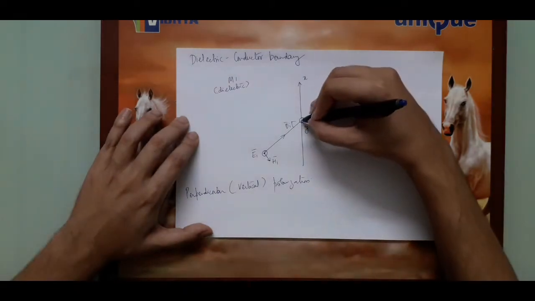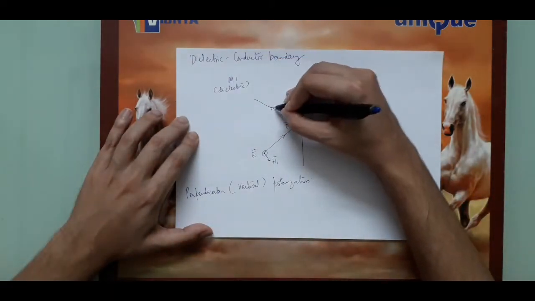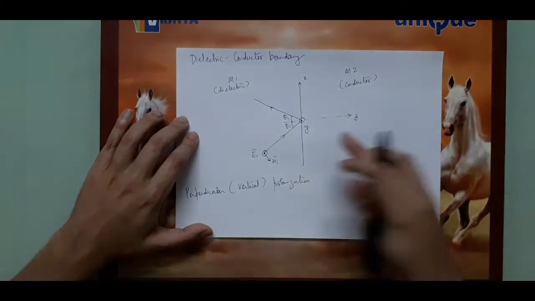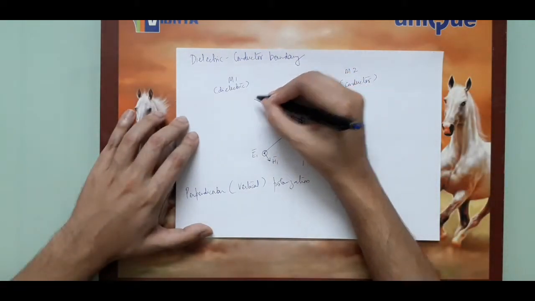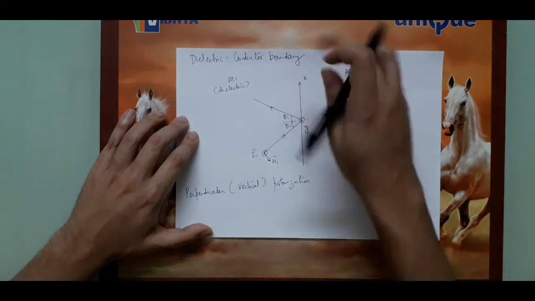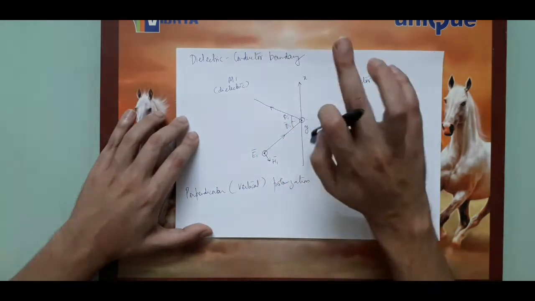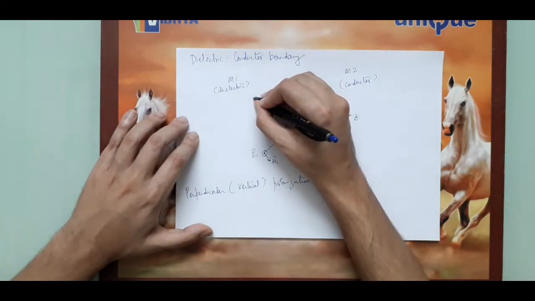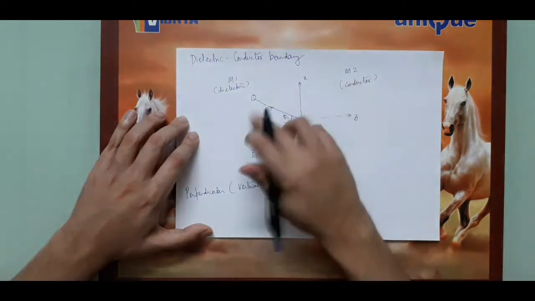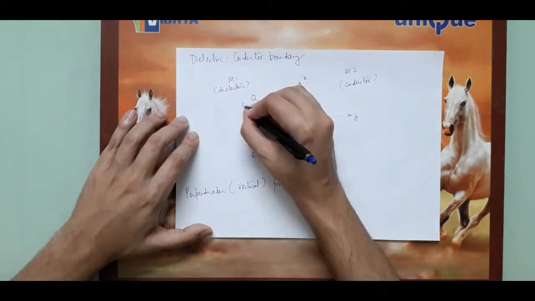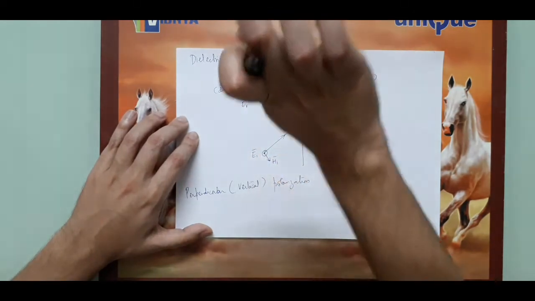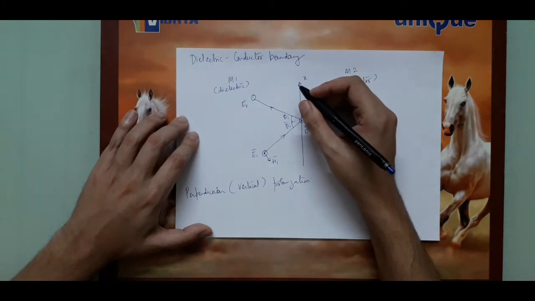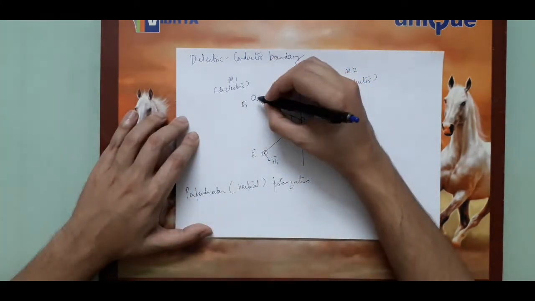Likewise, there will be a reflected wave. By now there is no need to prove that this will also be theta I, and since the electric field has to be continuous, the tangential component, the ER vector will also be vertical to the plane of the paper, and the HR will be along this side.